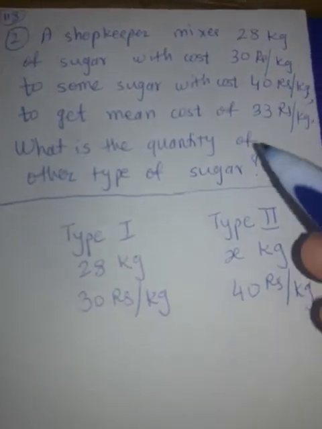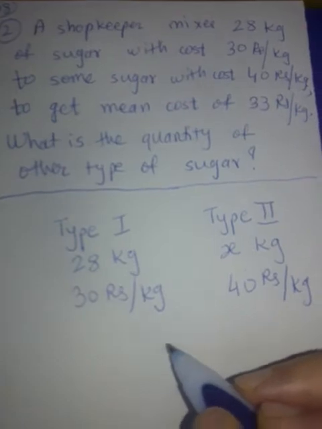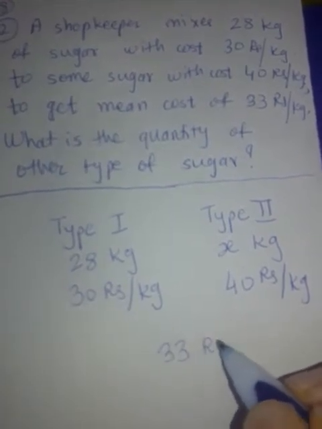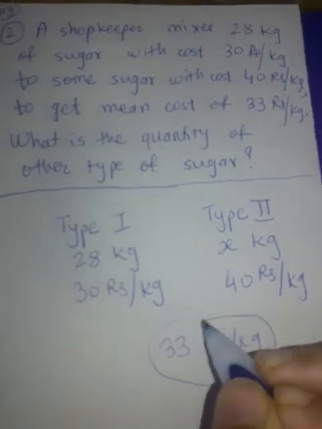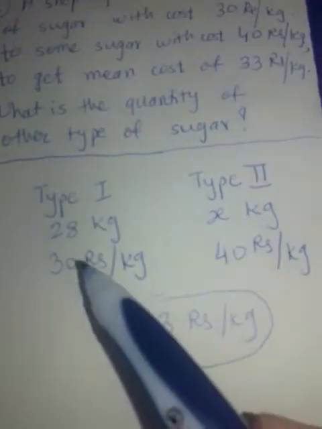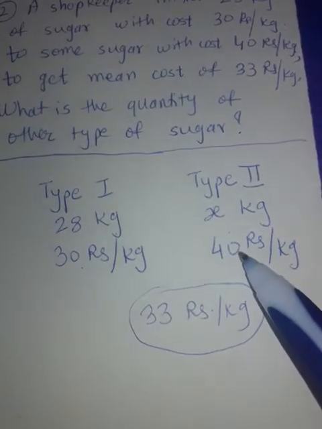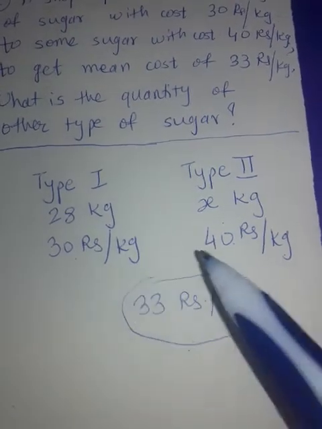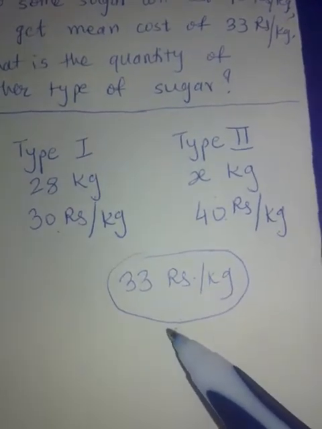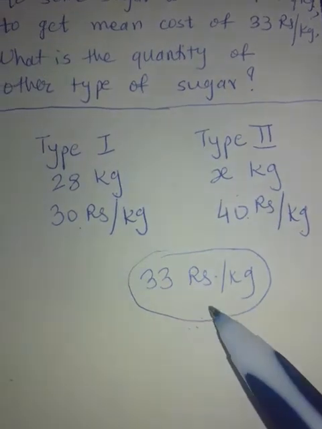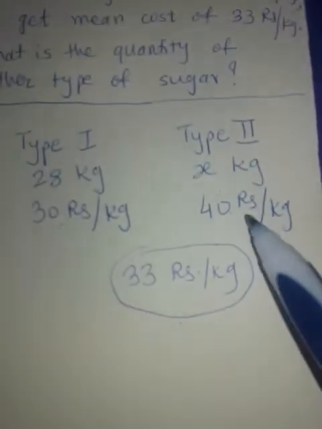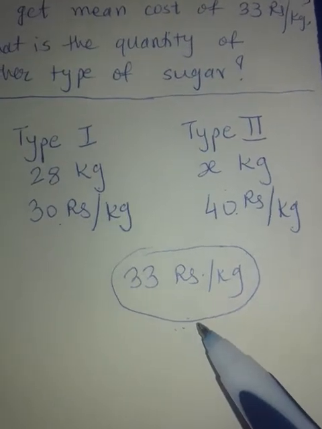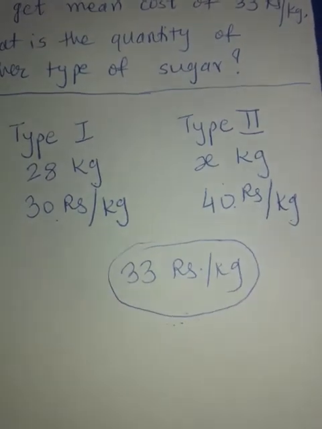And what is the mean? Mean cost is 33 rupees per kg. Rupees per kg, rupees per kg, rupees per kg. The units have to be the same for these quantities. So they all are rupees per kg.